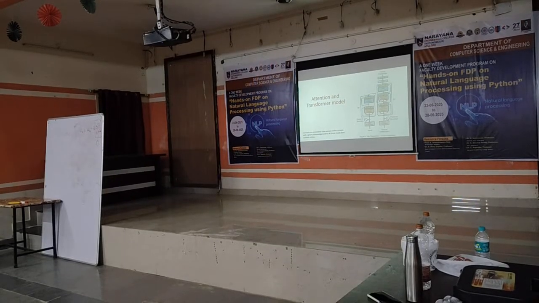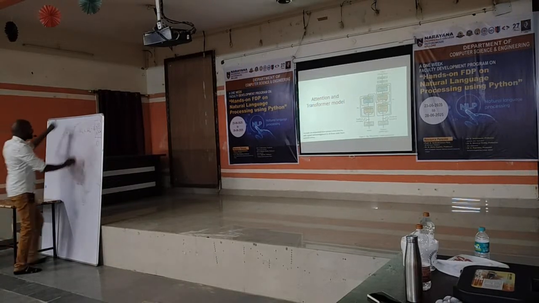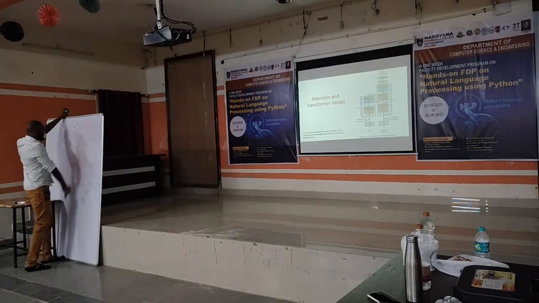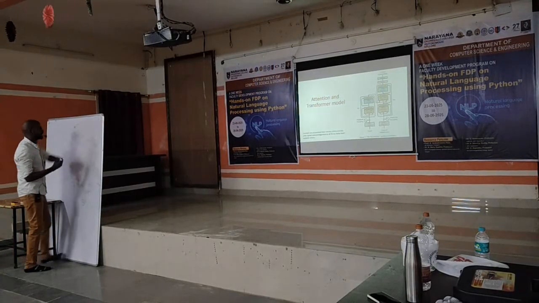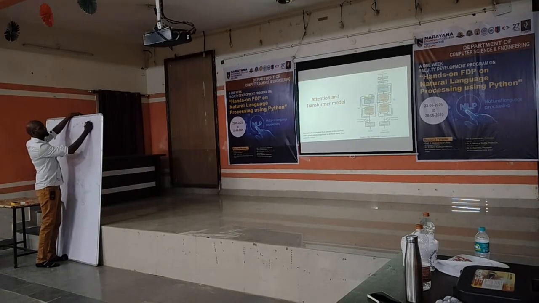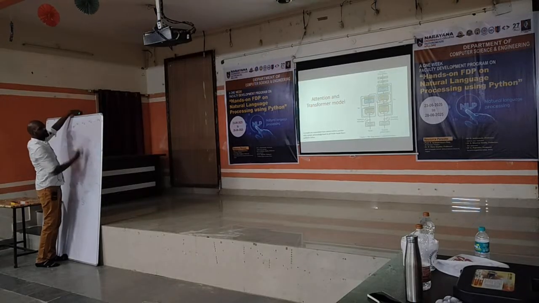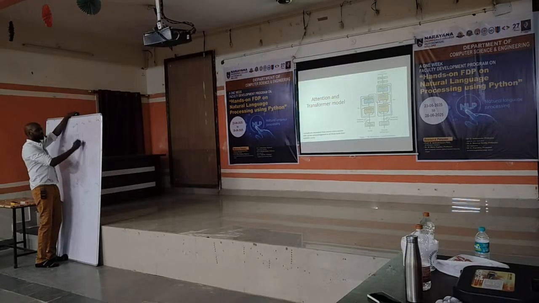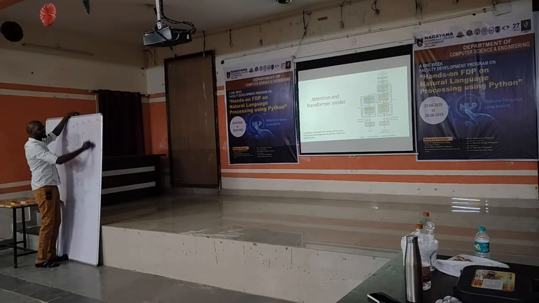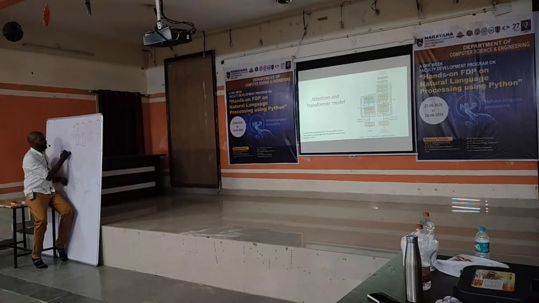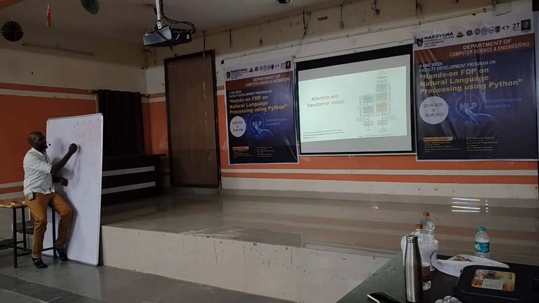Getting it? Okay. So that means so far you have given the sequence of words, let's suppose. Token 1, token 2, like that. Word 1, word 2, word 3, so on, word n. For each one of them, you are generating an embedding vector. Now you are taking the positional encoding of each word and adding that to it.